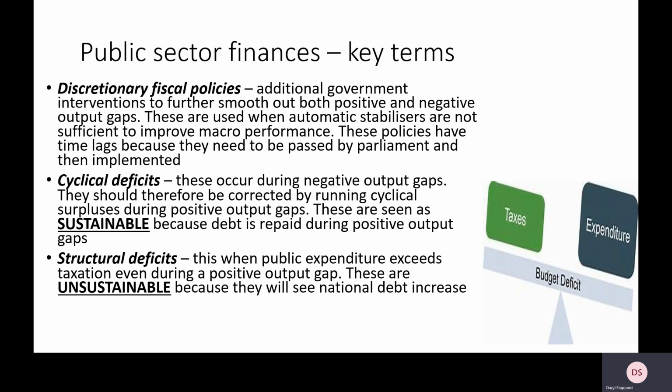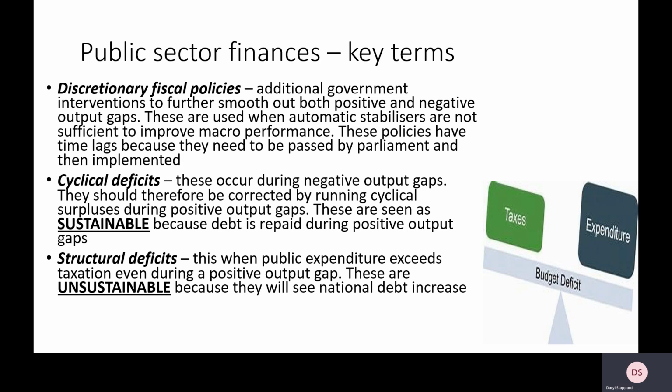So think about what we're saying here, cyclical deficits. When you're in a negative output gap on the business cycle, you would argue we should be running budget deficits. But then during positive output gaps, it should be budget surpluses. And that should be sustainable, because what that will mean is debt built up in a negative output gap will then be repaid in a positive output gap situation.